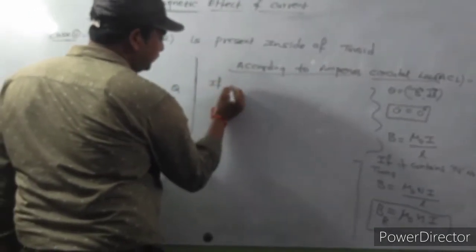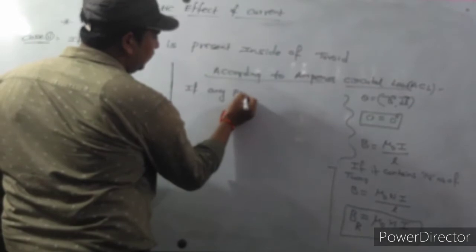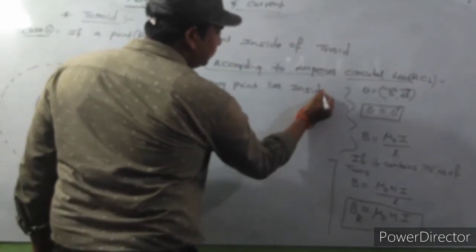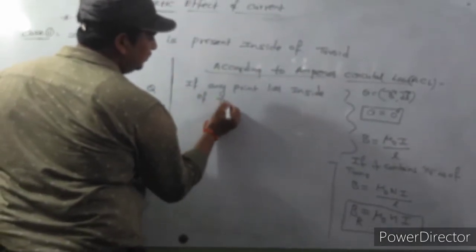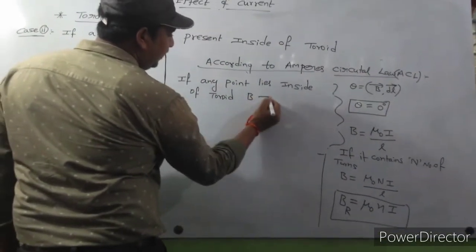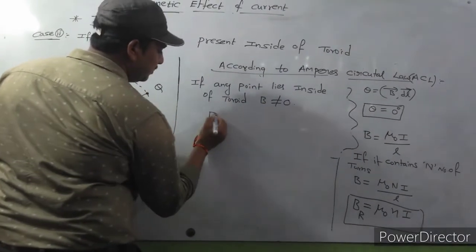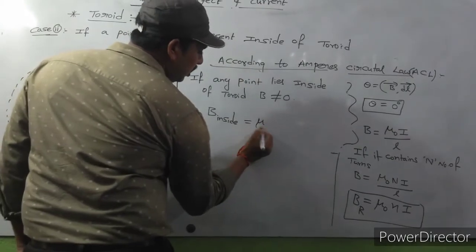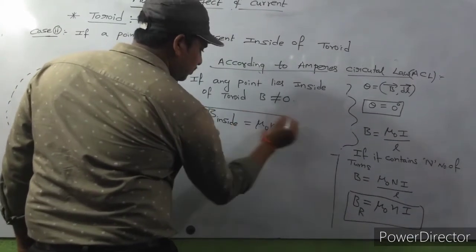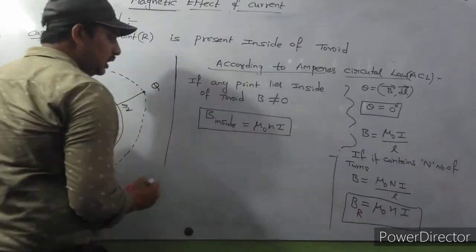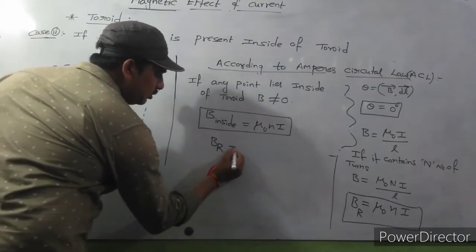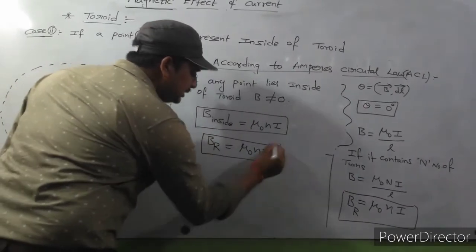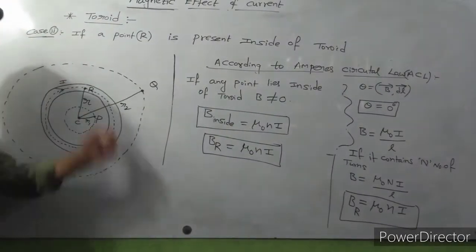If any point lies inside of the toroid, magnetic field is not equal to 0. That means magnetic field inside of the toroid is equal to the formula mu naught into small n into I. So magnetic field at R is mu naught into small n into I, because this point R lies inside of the toroid.